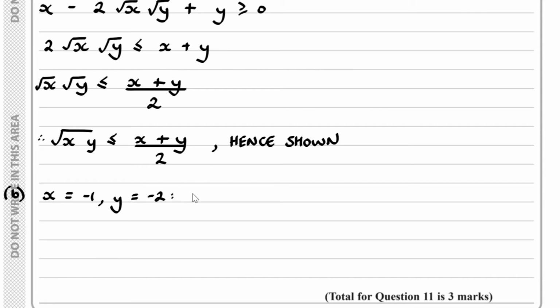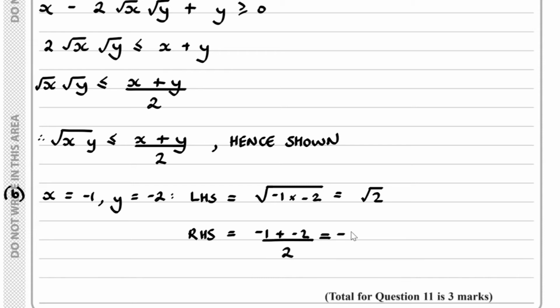Well, the left hand side will equal -1 times -2 square rooted, which is equal to positive square root 2. And on the right hand side we have -1 plus -2 divided by 2, which is equal to -3/2.